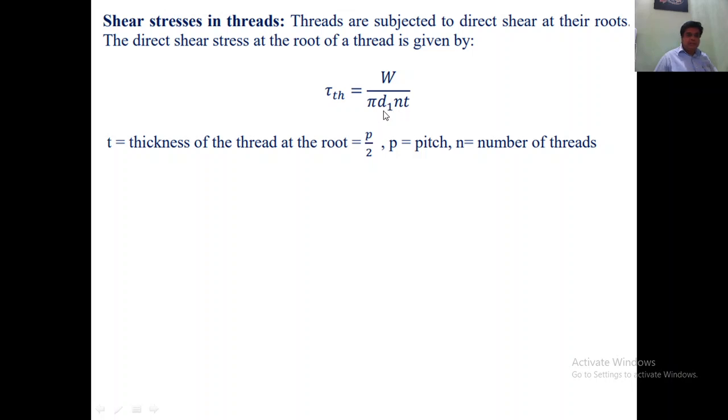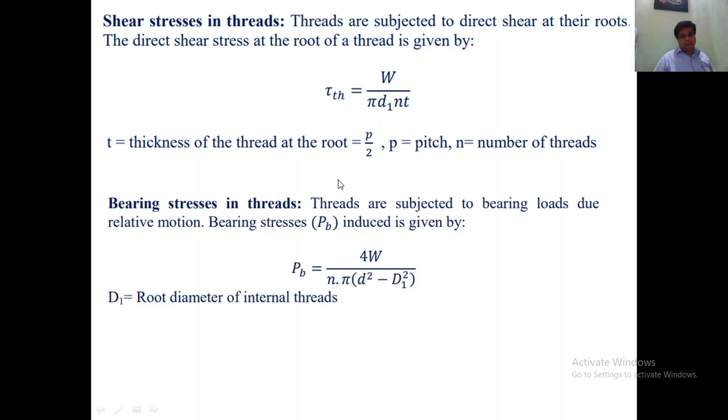The shear area is nothing but the thickness of the thread at the root into the number of threads. Usually in the case of a square thread, the thickness will be equal to half of the pitch.